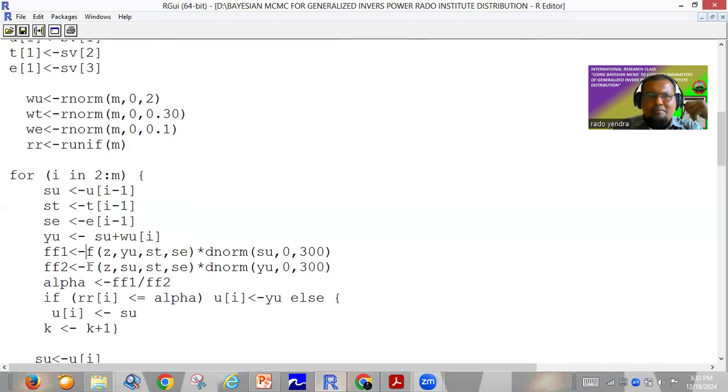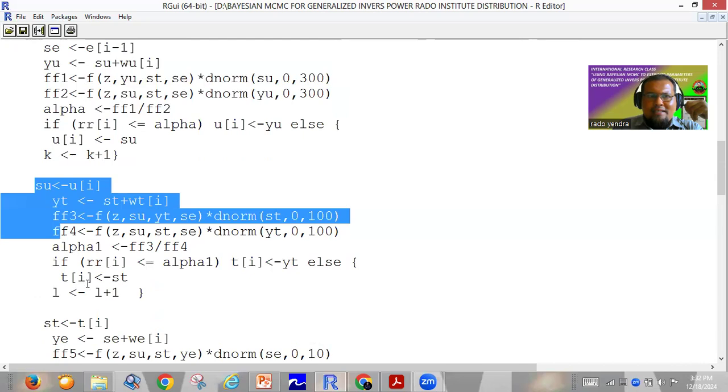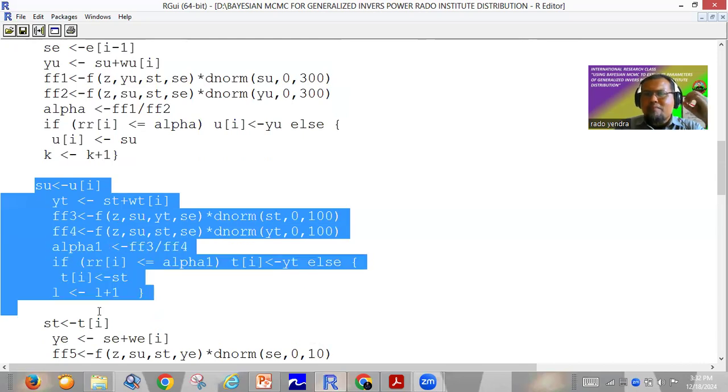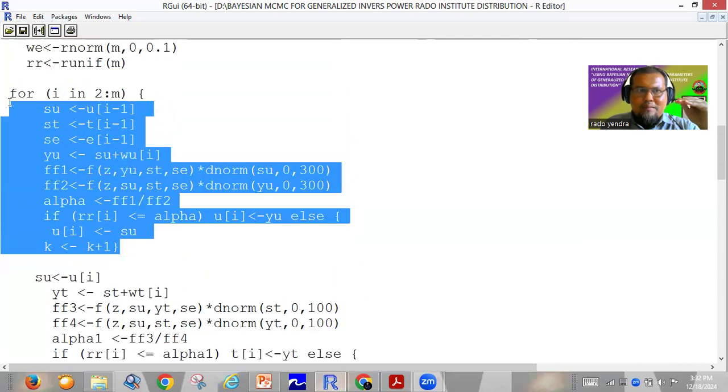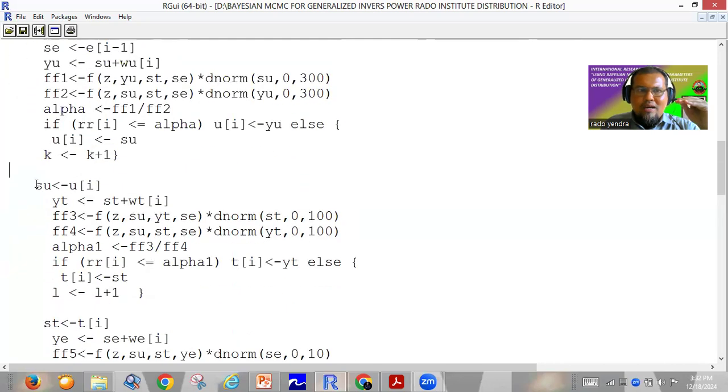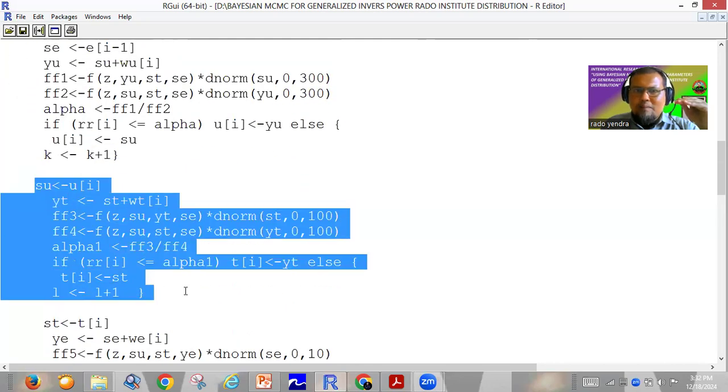This is for the parameter alpha, and this one is the burn-in density model for the alpha parameters. For this one, the beta parameter, and for this one, the alpha parameter.